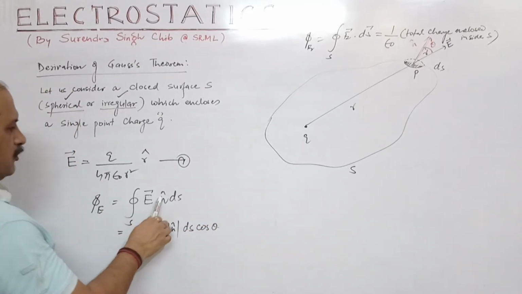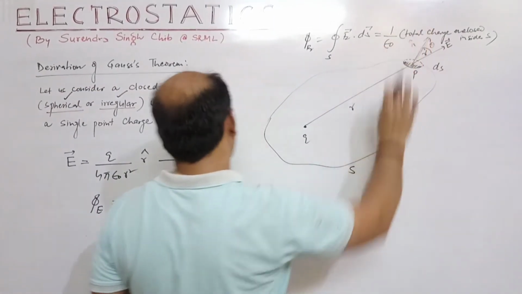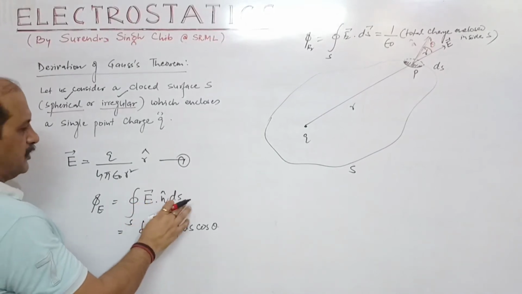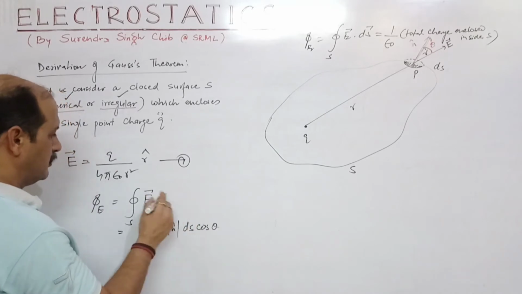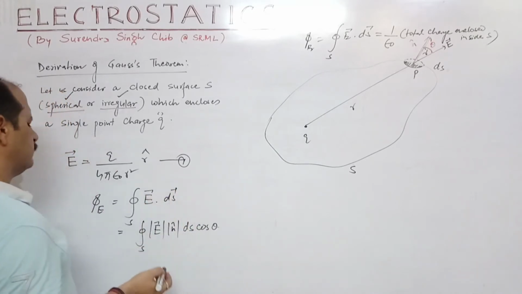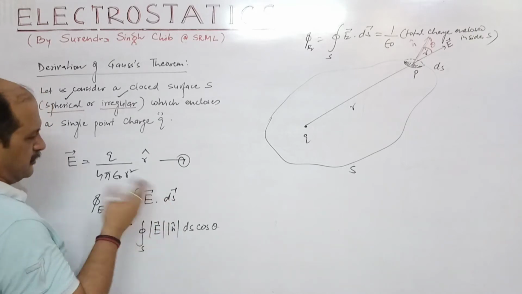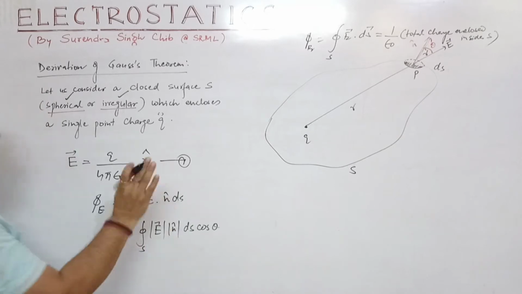Otherwise आप इसको resolve कर सकते हैं. This is the definition of flux, E dot n cap ds. हाँ, कुछ बच्चे सोच रहे हो कि मैंने यहाँ पे ऐसा नहीं लिखा. ऐसा भी लिख सकते हैं, no problem. Sometimes I write like this, sometimes like this. तो चलो ऐसे कर देते हैं.